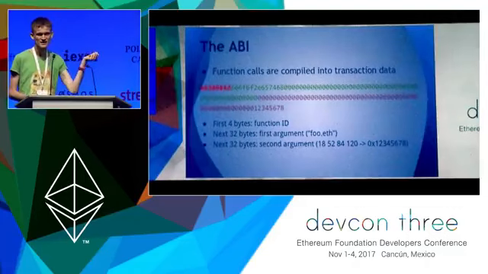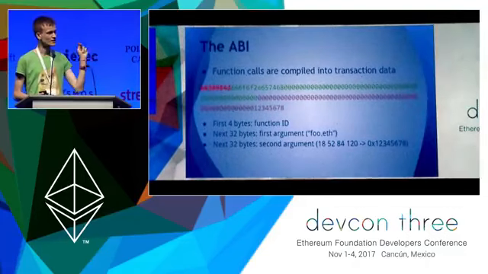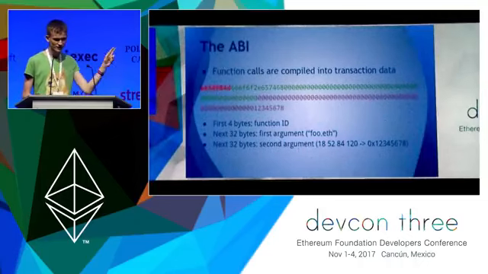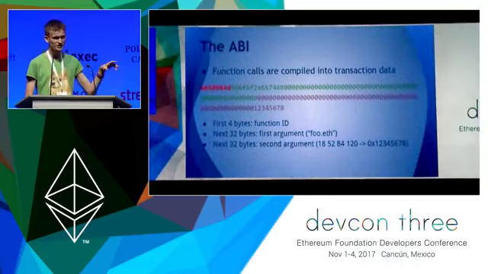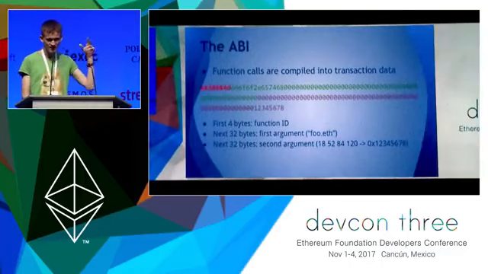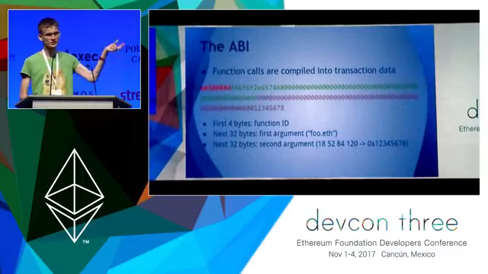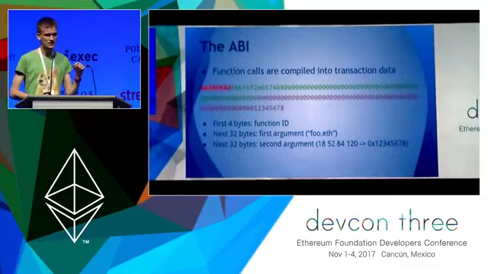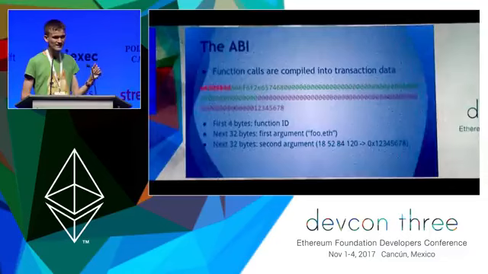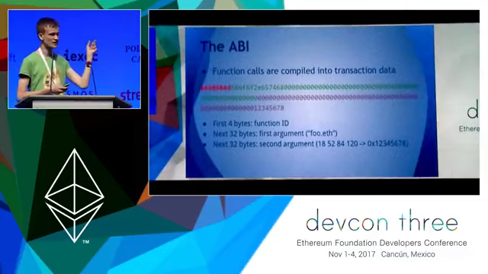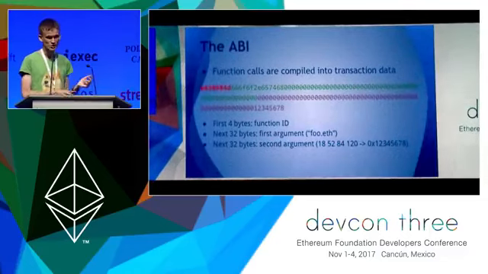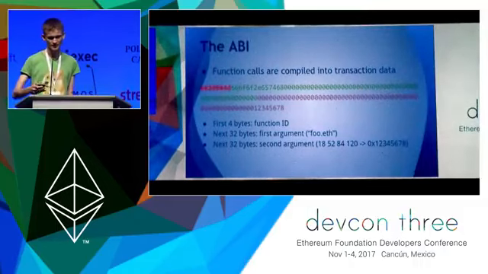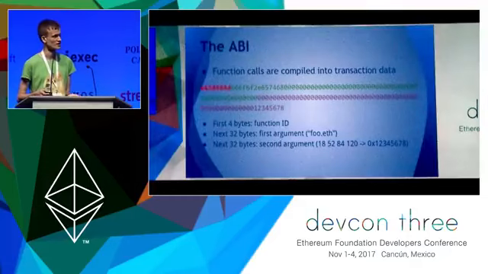So you have 4 bytes for a function ID, you have 32 bytes for one argument, 32 bytes for another argument, and if you try to call a function of a contract, then your client would create this transaction and broadcast the transaction to the network, and the contract's code has the ability to read the transaction data, and it interprets the first 4 bytes of the transaction data as which function is getting called, and the other bytes as what are the arguments. So that's basically how function calling works in a nutshell.